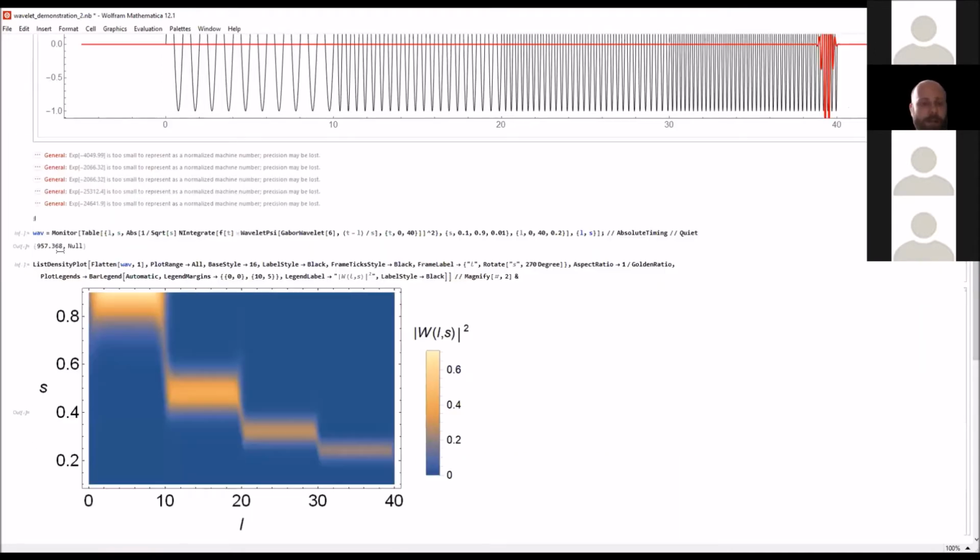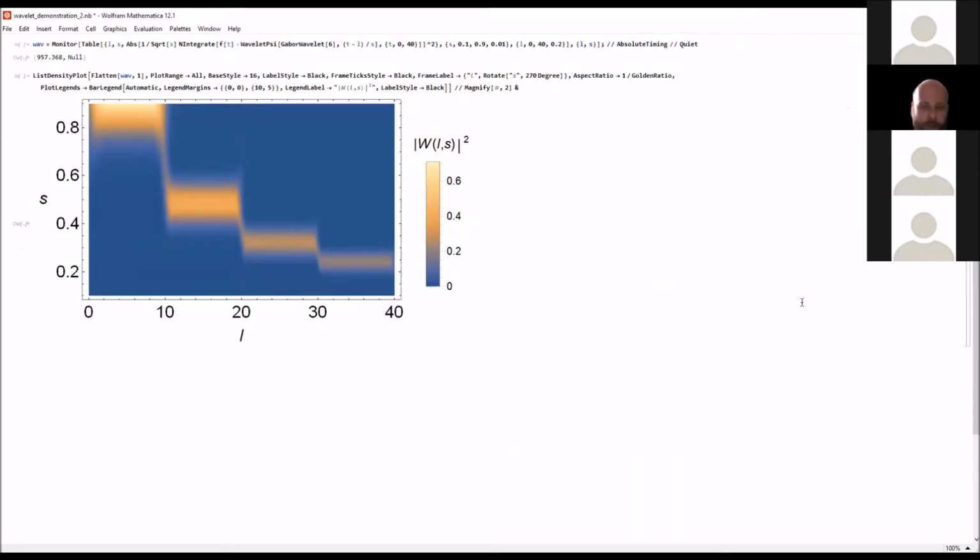So in the end, we can obtain a plot like this, showing that at times from 0 to 10, there was a signal with a frequency corresponding to some given s. S is actually proportional to the period, so it's the inverse of the frequency, and the proper units can be figured out and normalized. But there is no power at later times at this scale, at times greater than 10.